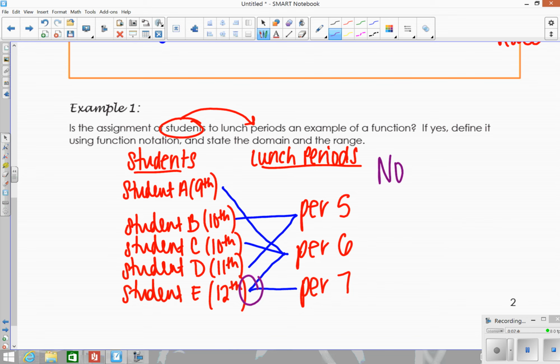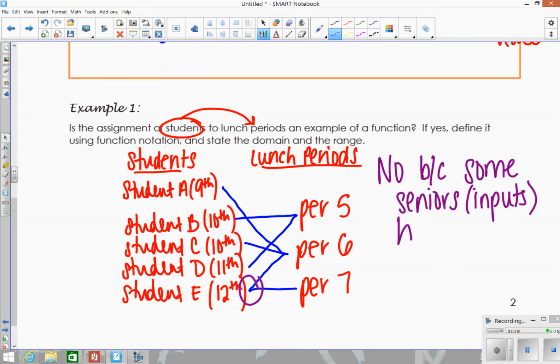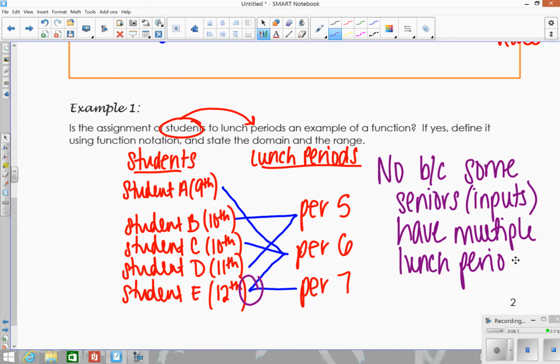Now, if we took out the consideration for double lunches, then yes, it would be a function. But because in our school we have double lunch, we're going to leave it in. So we're going to say no, it's not a function because some seniors, or inputs, have multiple lunch periods, which are our outputs.